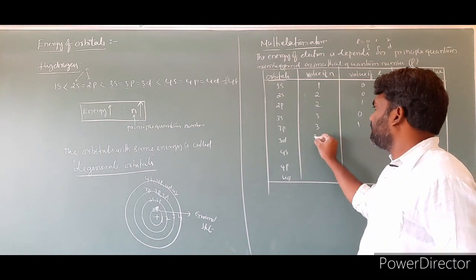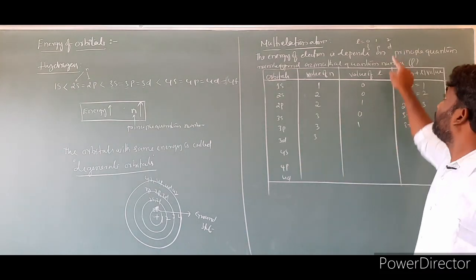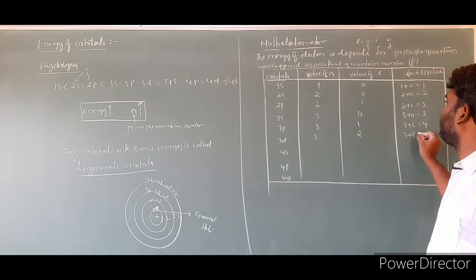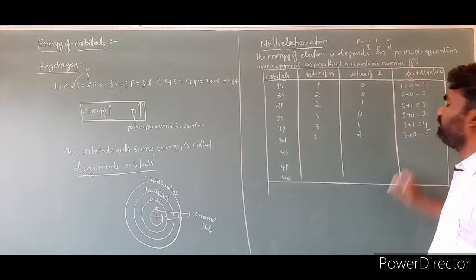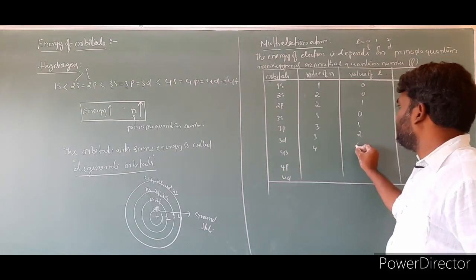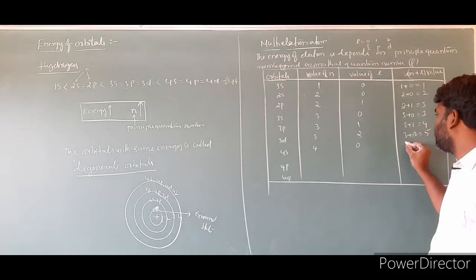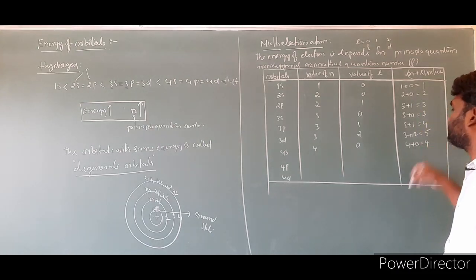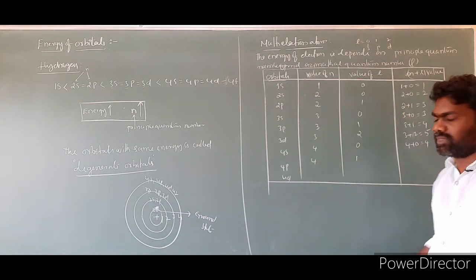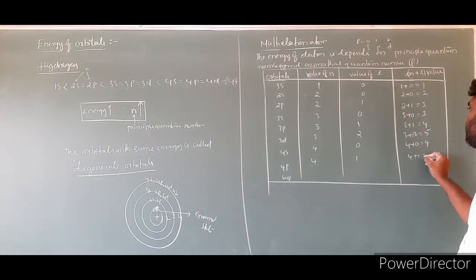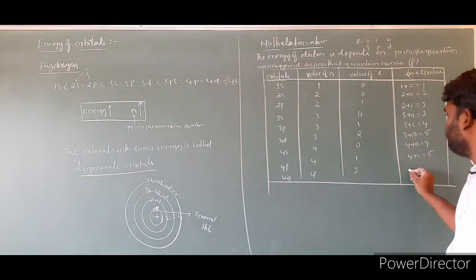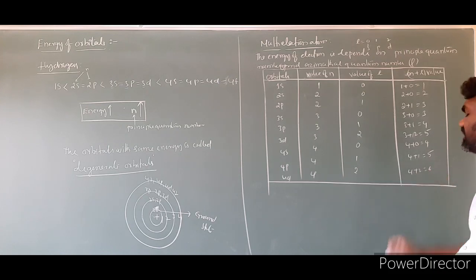Next 3d, l is 2, so 3 plus 2 equals 5. 4s orbital, l is 0, so 4 plus 0 remains 4. Then 4p, l is 1, so 4 plus 1 equals 5. Next 4d, l is 2, so 4 plus 2 equals 6.